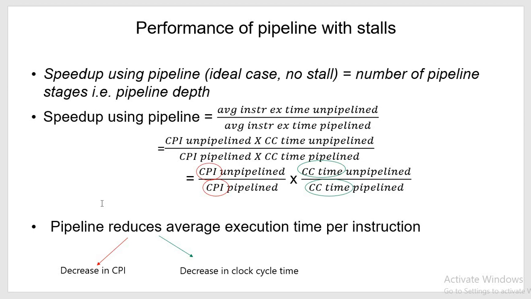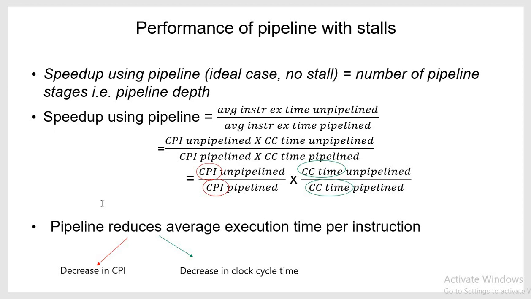Initially we will consider the ideal case. Everything will go smoothly. There will be no hazard within the pipelining for a program, and if there is no hazard, naturally there will be no stall. So if there is no stall, what will be the speedup? The speedup will be the number of pipeline stages, that is, the pipeline depth.